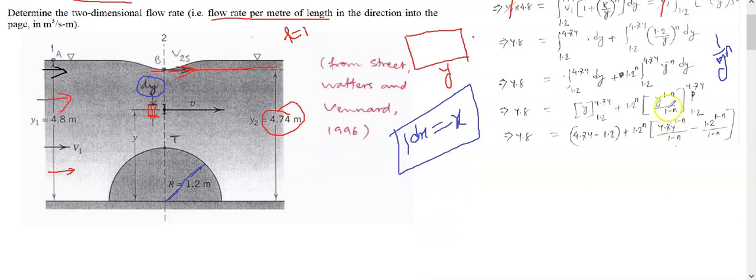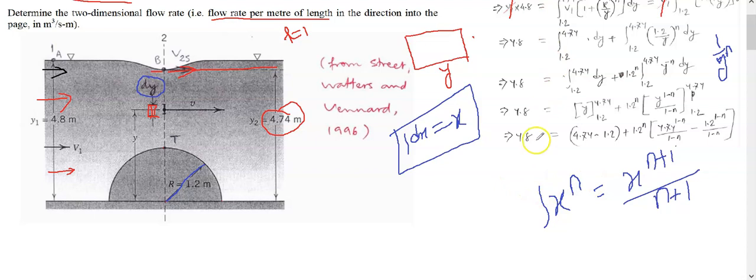Now, when it is y to the power negative n, we use the formula that the integration of xn is xn plus 1 over n plus 1. This is the formula we know for integration, and we have used it previously.